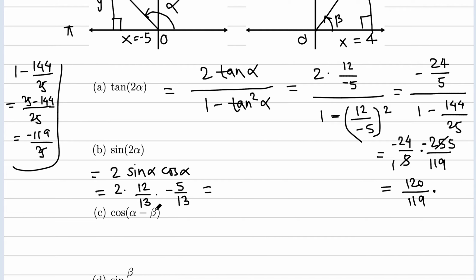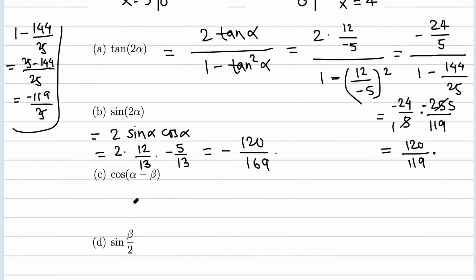Okay, there are no cancellations on the bottom. 13, 13. But there's a negative, so negative 2 times 12, 24 times 5, 120 over 13 times 13, 169.